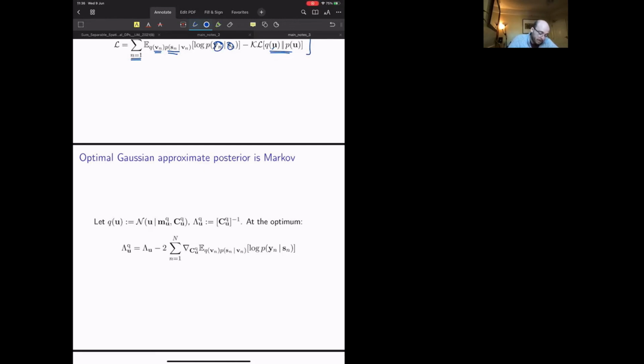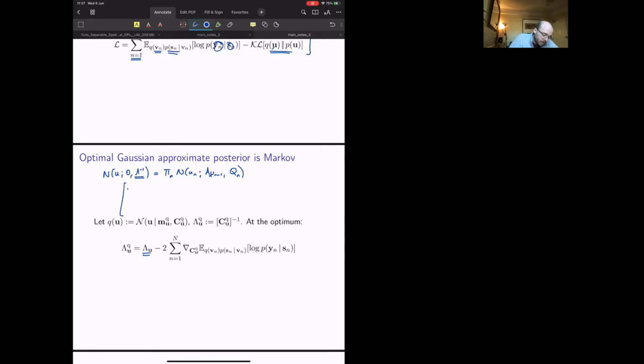The way to see this is to first note that the prior precision is block tridiagonal. This isn't something I discussed explicitly yet, but I should have. If you have a Gauss-Markov model, so if you have u and you say that it's Gauss-Markov, so it's some product over conditionals, then you know the precision is block tridiagonal.